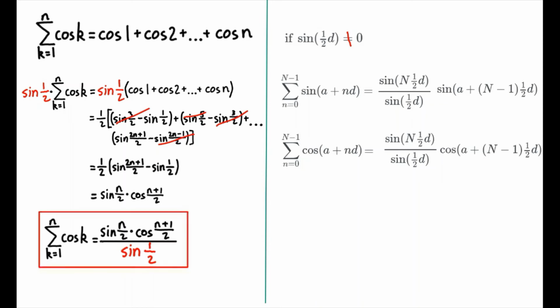So something interesting about these two problems is that we can use these two things over here.